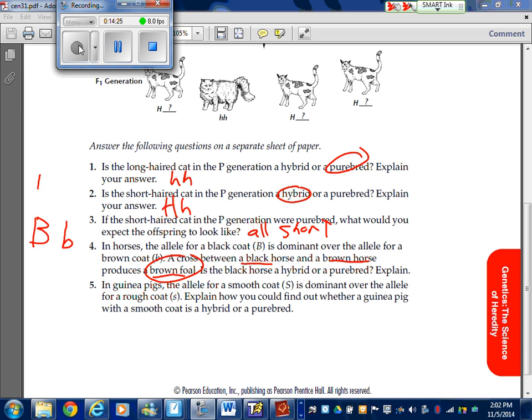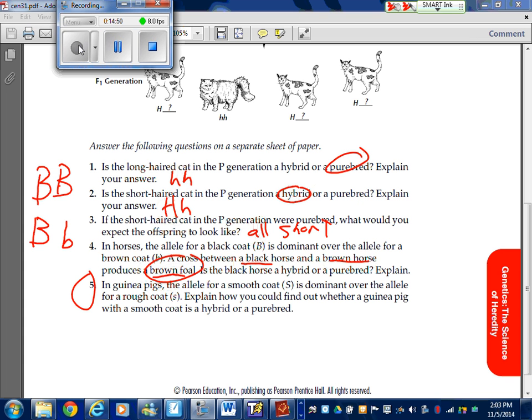Is the black horse parent purebred or hybrid? It's hybrid. It has to be hybrid or it couldn't pass on the brown trait. Okay? Do the Punnett square. It's the exact same problem.